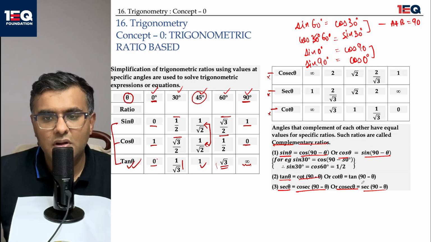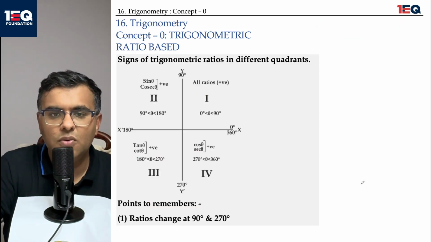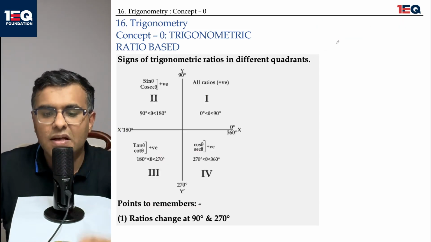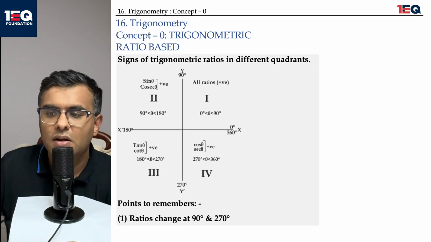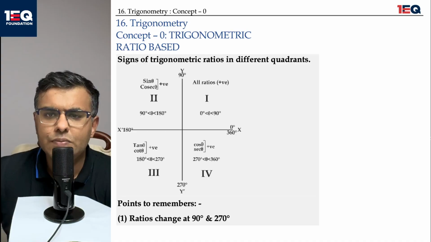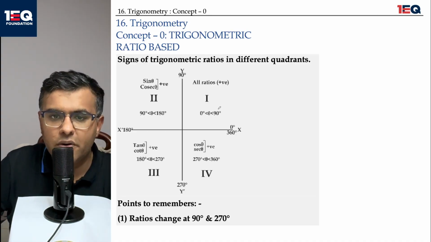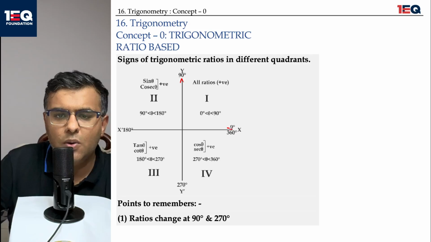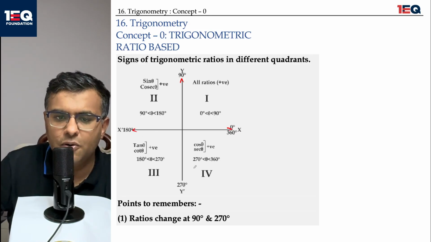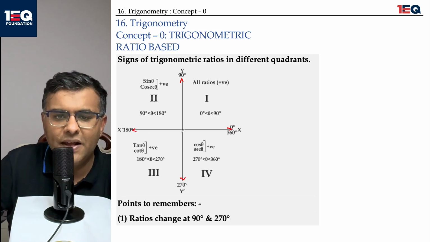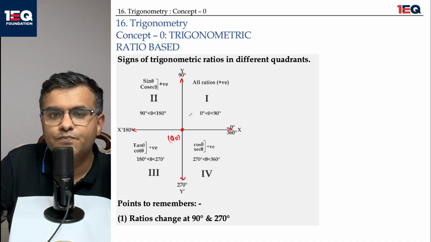Good enough? Okay, now we'll be moving to another concept. So we have four different quadrants. These are the same quadrants which we've learned about in coordinate geometry. This is nothing but a small plane where we have an origin which is 0, 0.